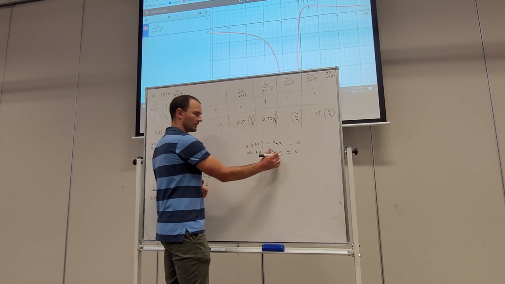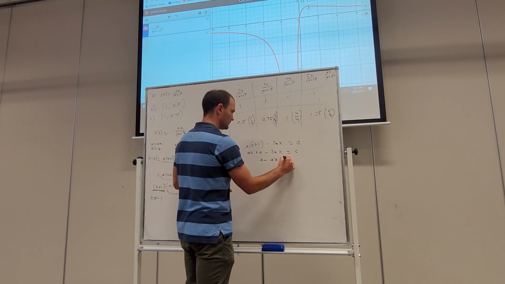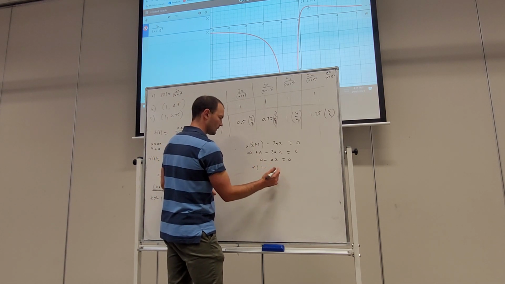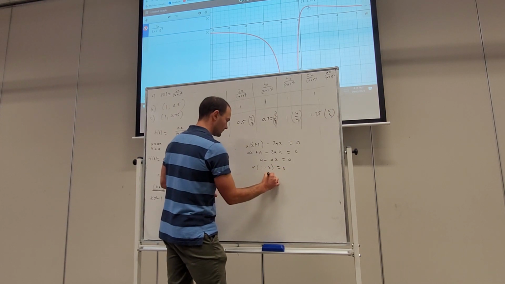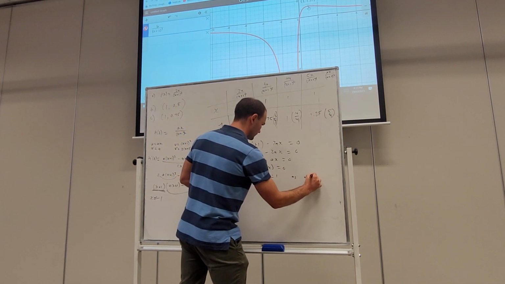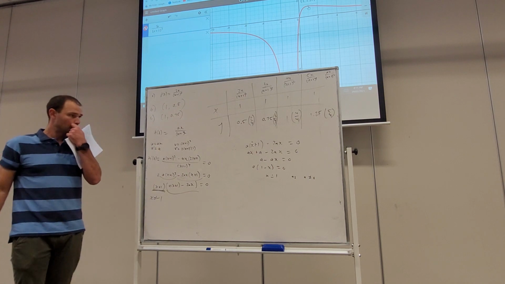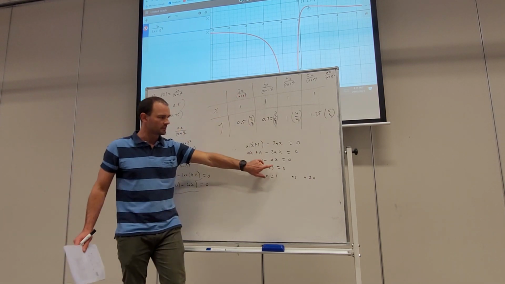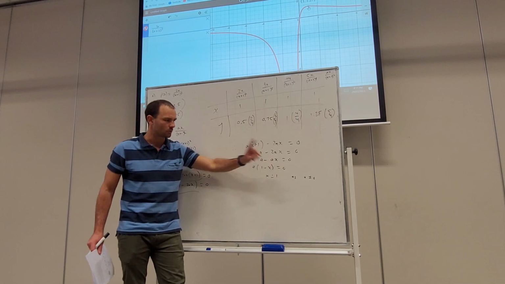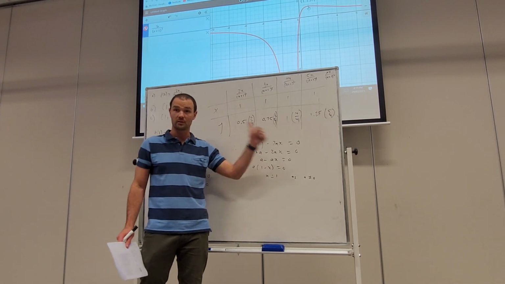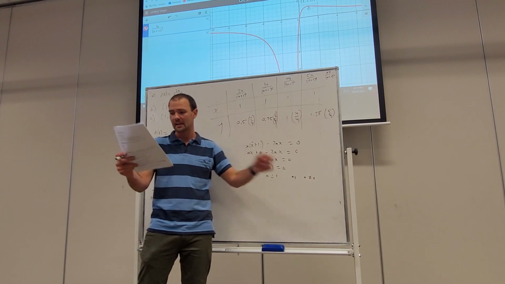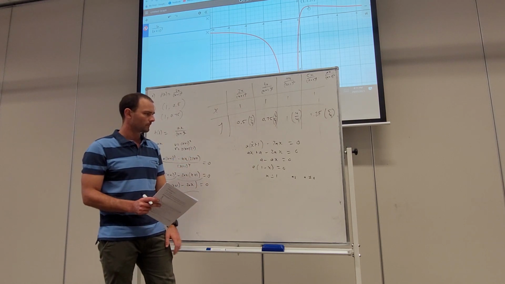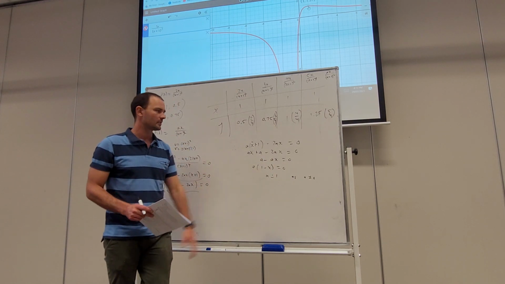Ax take 2ax, we can collect those. At any stage along here, you can see the only solution that makes that statement true is x is 1. I factorised it, and a is not 0 because we're told that in the question. We're told a is a real number such that a does not equal 0. So the only value that makes that true is x is 1.